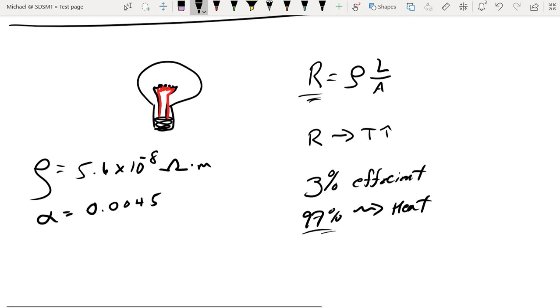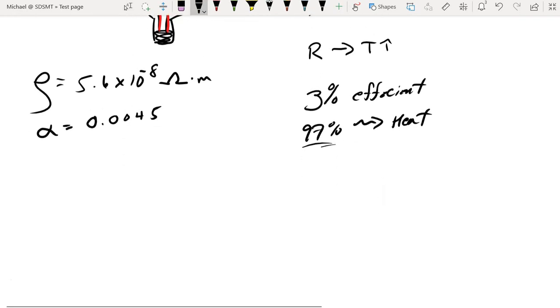Okay, so what I want to know is if we start at room temperature, and usually room temperature is anything between like 20 and 25 degrees Celsius, depending on who you are.